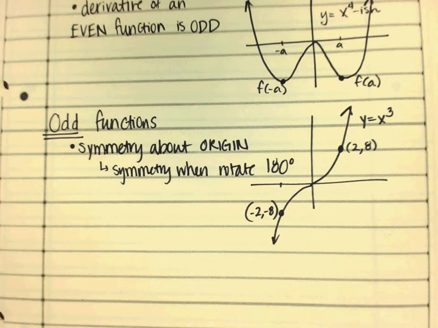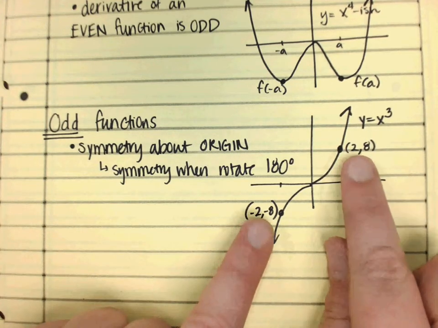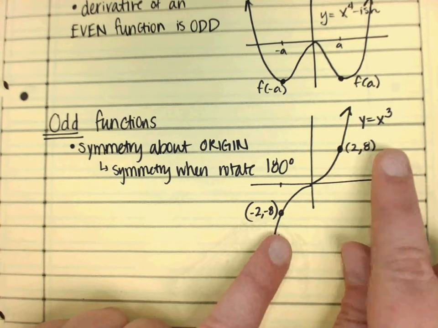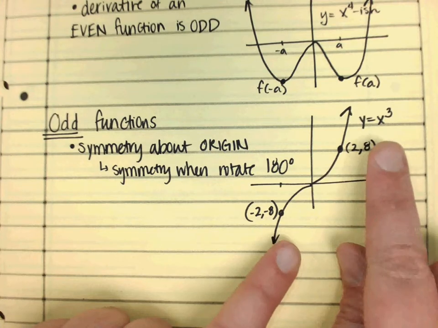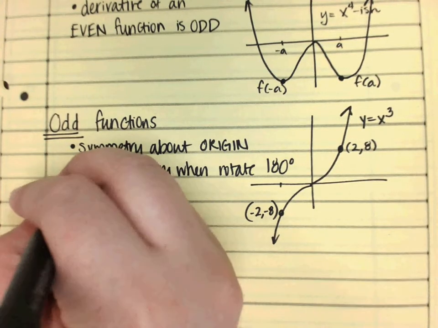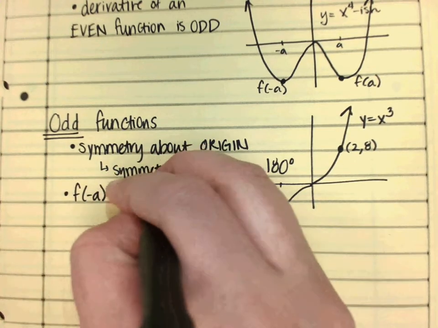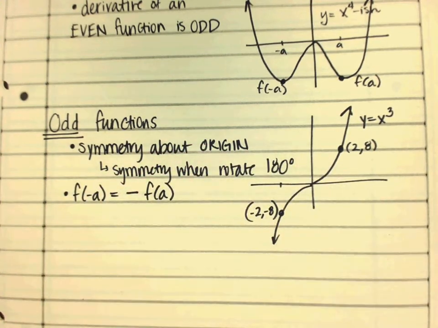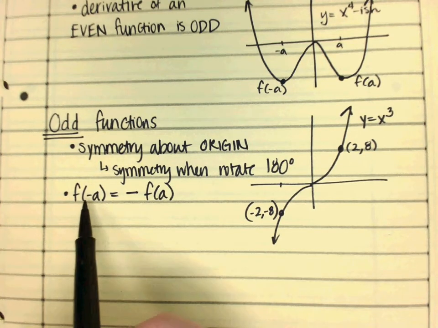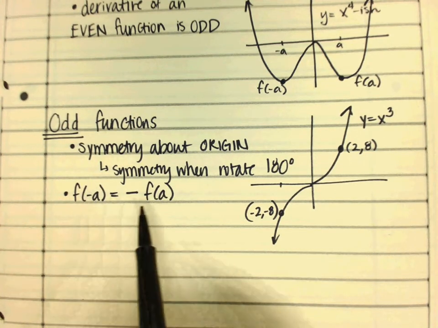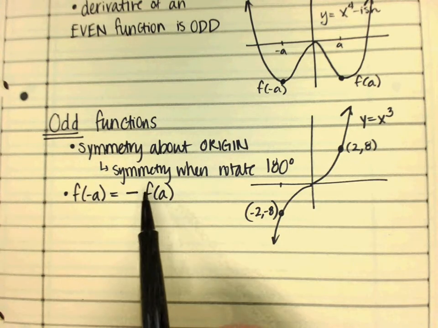Now, the other thing that we just talked about with the y values matters as well. If I change the sign on my x, my y's will have to have opposite signs as well. So the way that I would write that is that f of negative a is equal to negative f of a. So if I change the sign on my x value, that's going to result in an opposite sign in my y value.